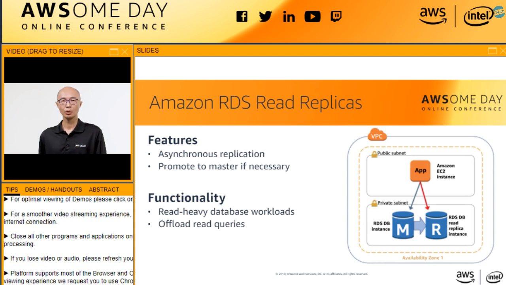Using read replicas, you can also scale out beyond the capacity constraints of a single database instance for read-heavy database workloads. Read replicas can also be promoted to become the master database instance. But because of the asynchronous replication, this requires manual action.